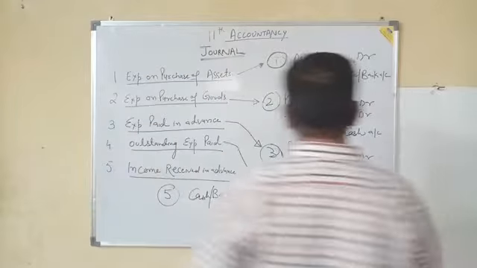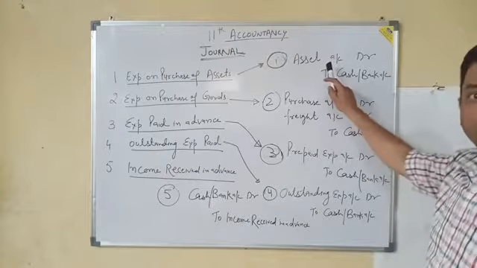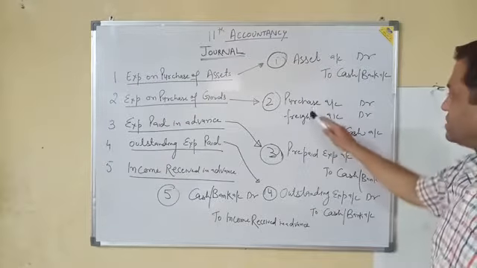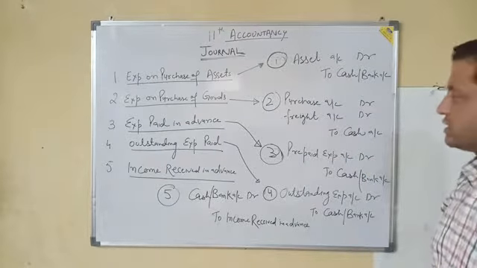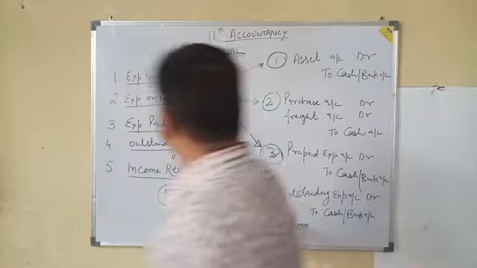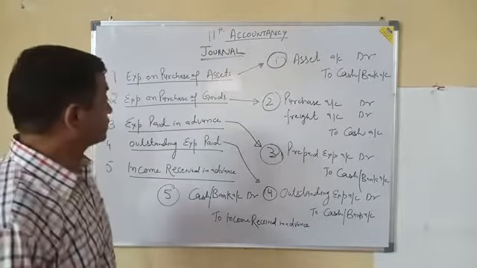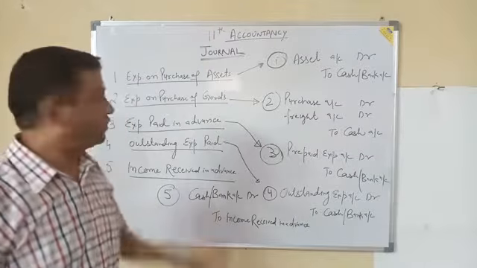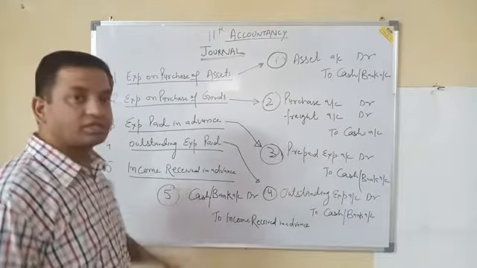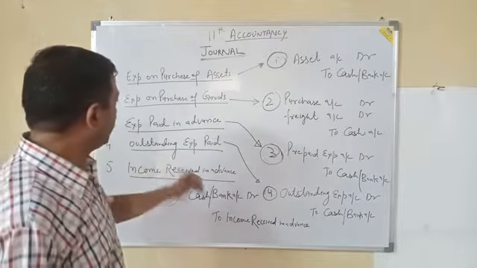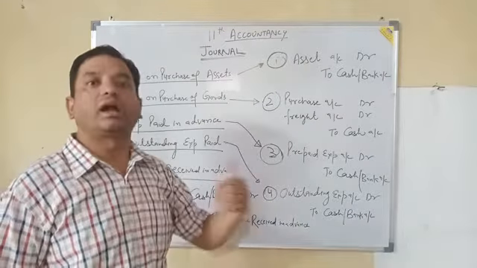You all can see here, if an asset is being purchased and expenses made, it will be added to the asset, while in case of goods these will be shown separately. Third transaction in this case, that is if you are paying any expense in advance, which is called prepaid expense. If you have paid any of the expense without getting the benefit of that expense, means you have made the expense in advance.